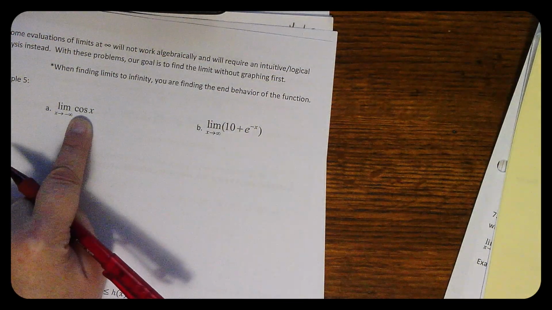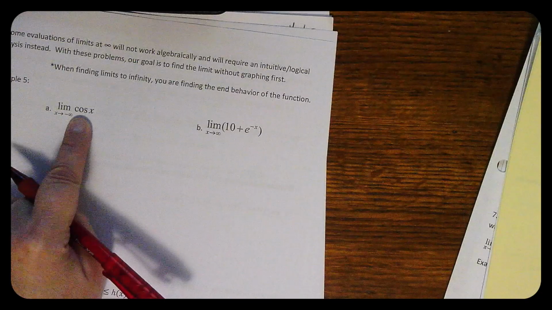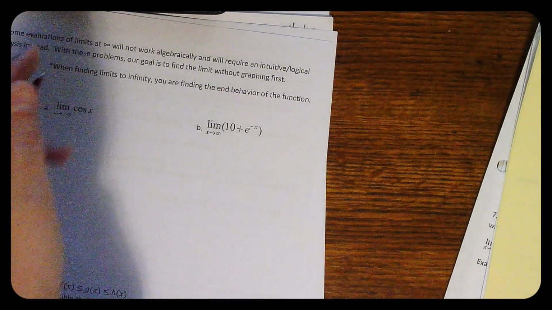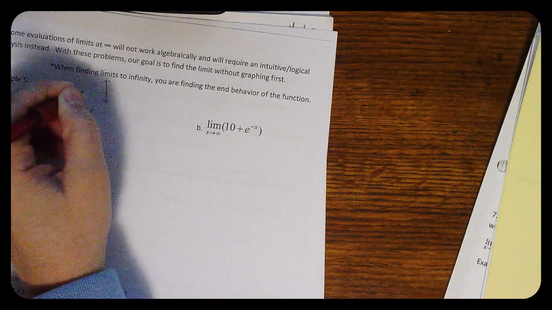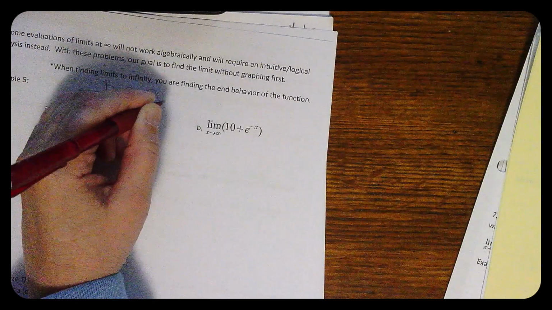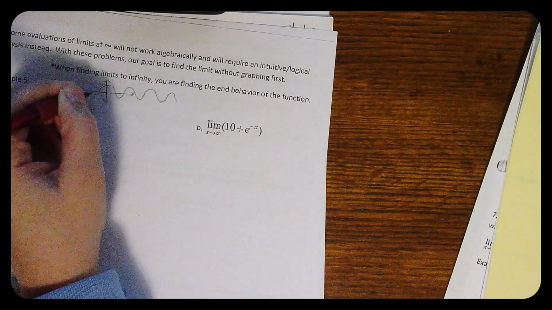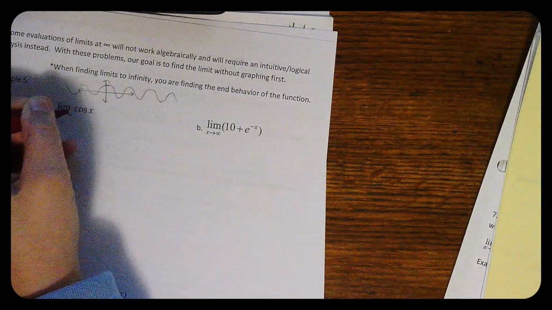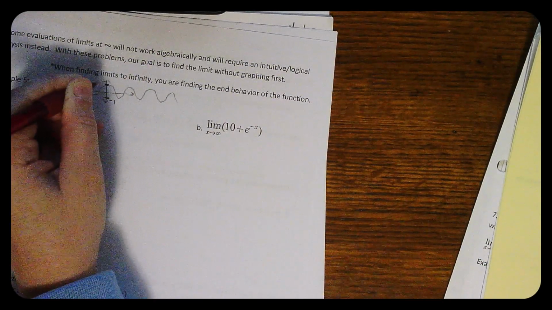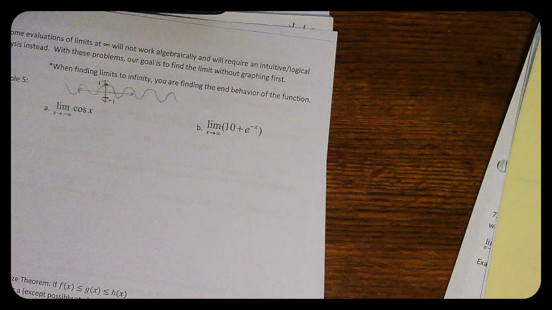Now, this is not a polynomial, so this odd to even degree thing isn't what we're going to need, but you should know that cosine is a function that, as we go to infinity, is just going to keep going up and down, and when it doesn't have a number in front, it's just going to go up to 1 and then down to negative 1, right?